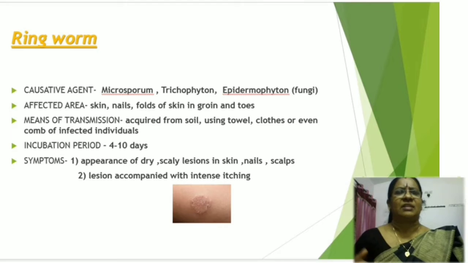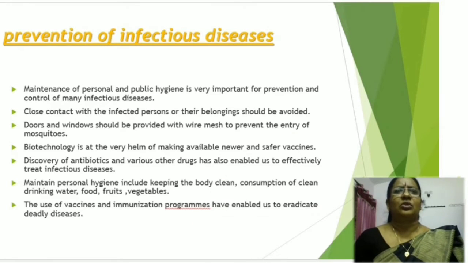This is transmitted from one person to another when an infected person's towel, clothes or even comb are used. The important symptoms of this disease are the appearance of dry, scaly lesions on the skin, nails and scalp, and the lesions are accompanied by intense itching.